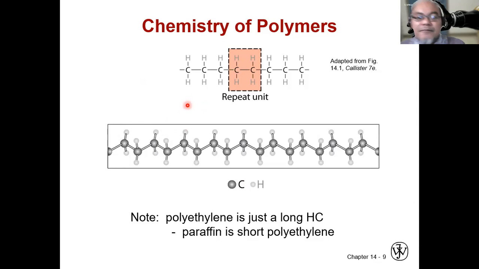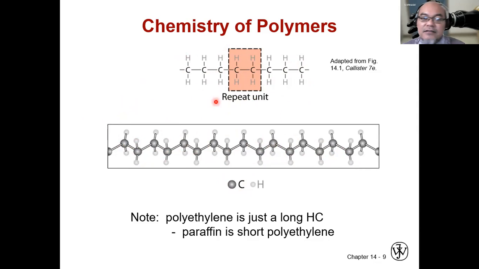So this is ethylene, polyethylene. This is the repeating unit, shown like this. In reality, it is not a two-dimensional structure like this. It actually is three-dimensional, because the bond between C and C has a certain angle, not just a single straight line.